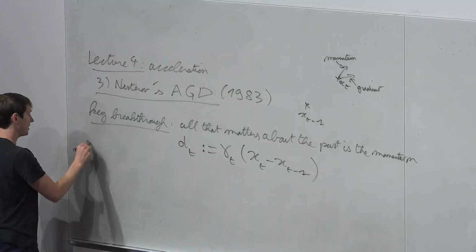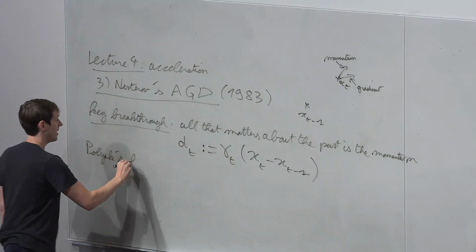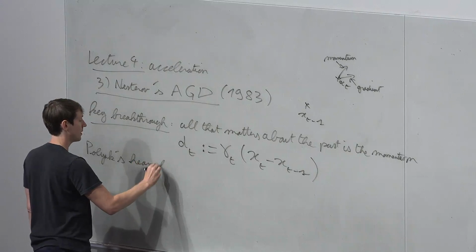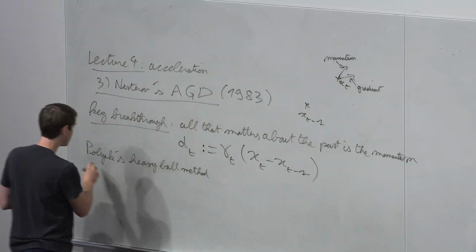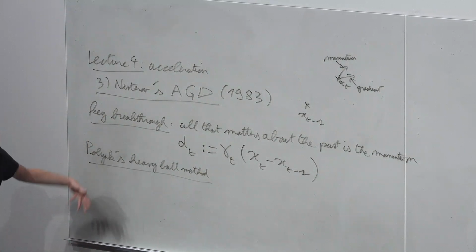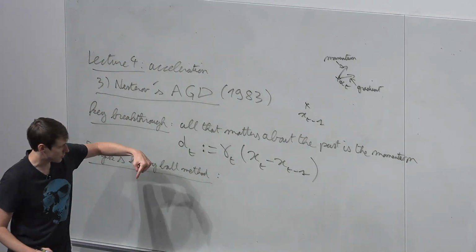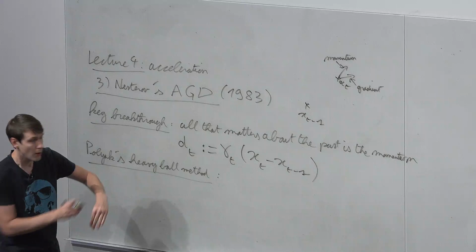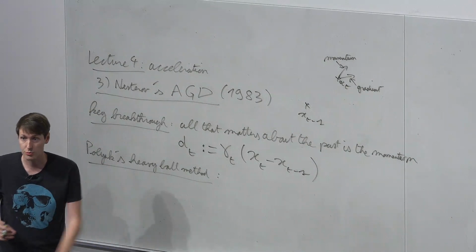So Polyak in the 60s proposed the following algorithm. So Polyak's heavy ball method. His intuition was of basically just a ball rolling in a potential where you have both the gradient of the slope plus the momentum. Okay, if you had some energy coming in, this is going to add to the slope.